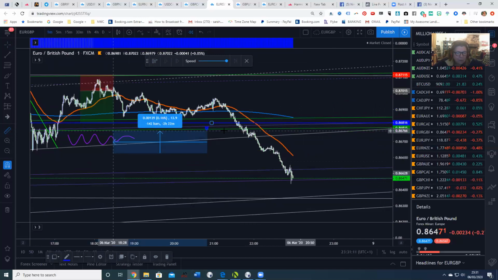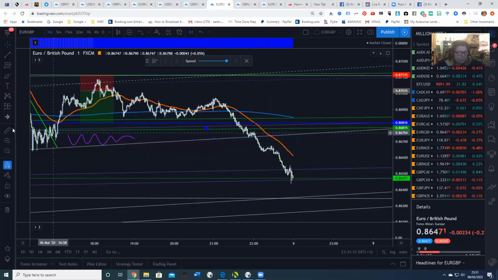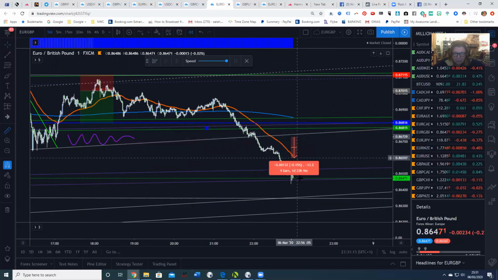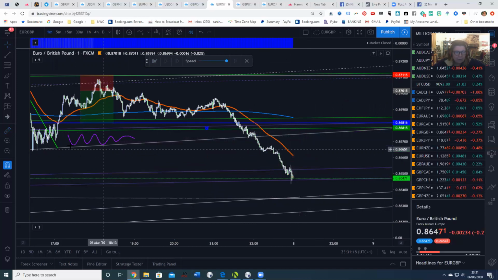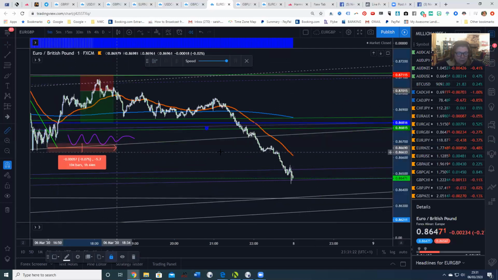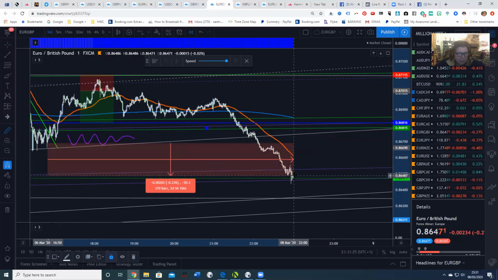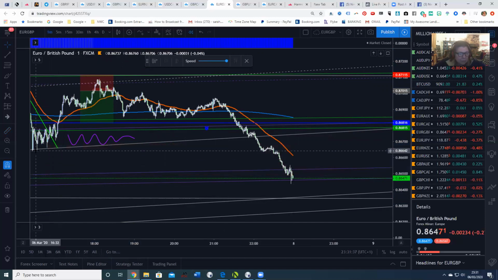So it did go down another 26 pips, but you would have had to have stayed in that from there to there, would have taken you another 5 hours, from 10 to 4 UK time till 11 o'clock.